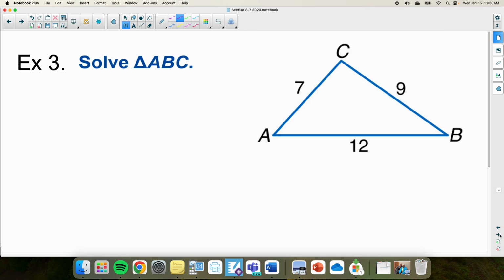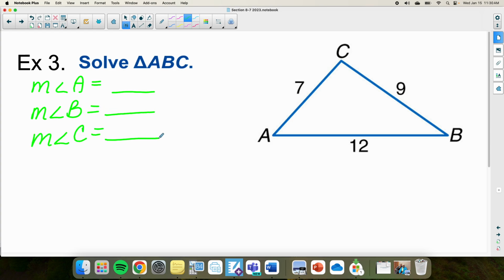So let's go ahead and try one of these, okay? The first thing we can do is write down what it is that we're looking for. In these, we're looking for our three angles: measure of angle A, measure of angle B, measure of angle C. Now, those rules said find the smallest angle first. Which one's my smallest angle?